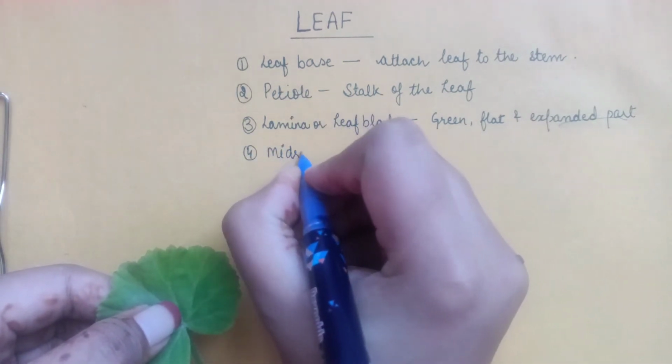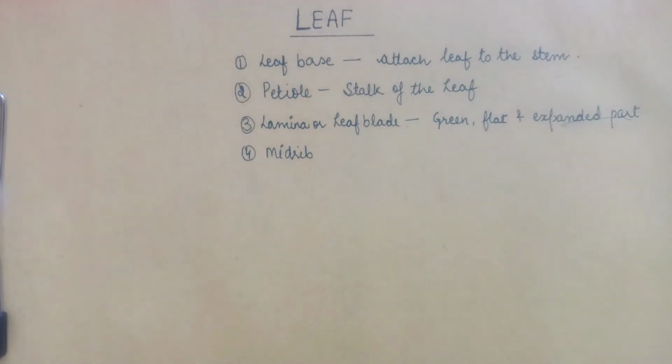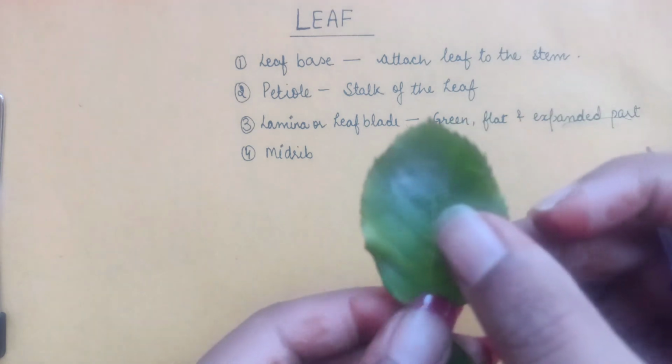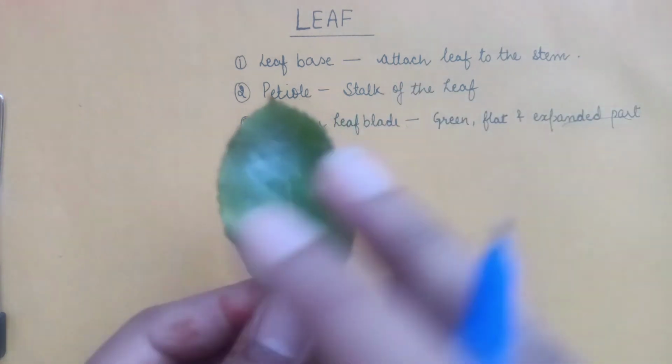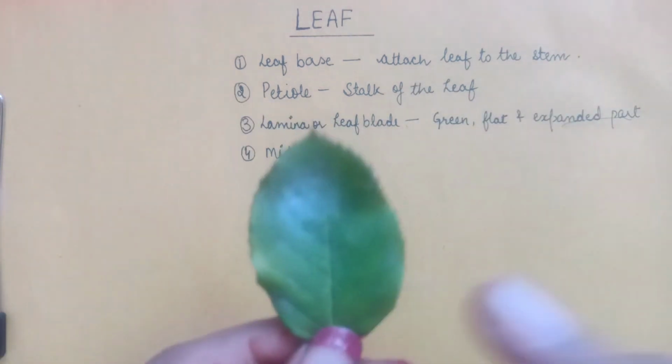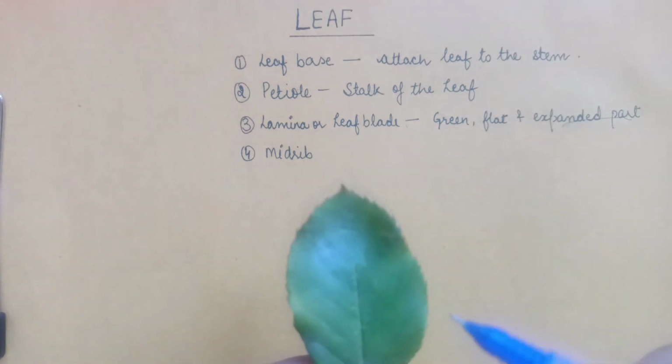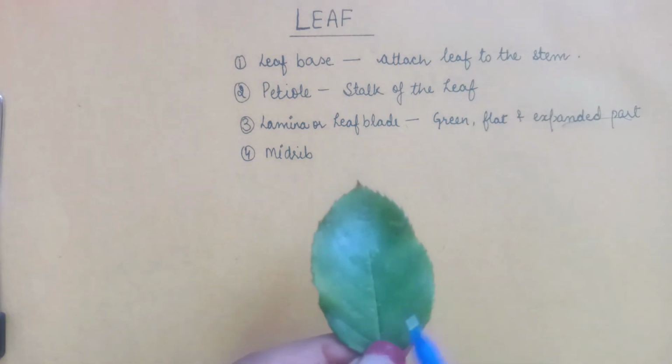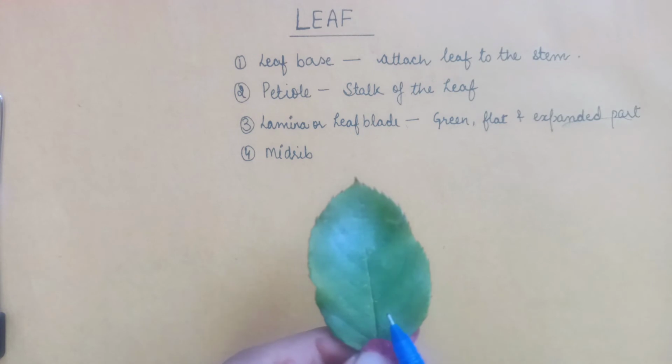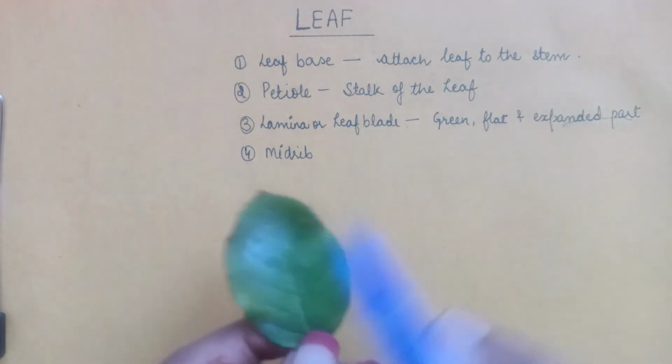It divides the leaf into two equal parts. Yes, and in this leaf you can see this very carefully, these will form veins. The midrib will further branch out into veins, and these veins will further branch out into veinlets.